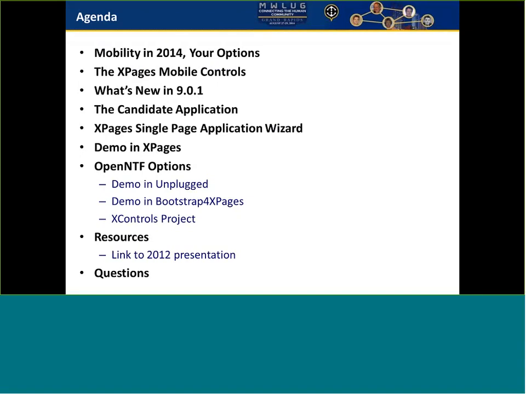I want to talk about the actual content included in that book, and then build on that in this presentation. The next step is to look at the candidate application. I took an application that was built circa 2000, 2001 in Notes 6 and used the mobile controls to put a mobile interface on top of it. So we'll take a look at what the candidate application looks like.